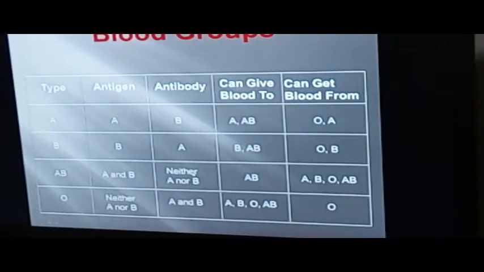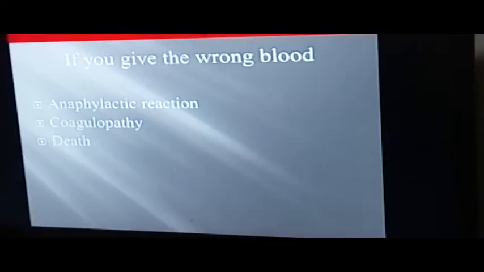But how does the rhesus come into this? Well, it makes it more complicated, and it's very important. If you give the wrong blood to the wrong patient or the wrong person, you can cause a number of problems. One is called anaphylactic reaction, and we will talk about that more in the next video.